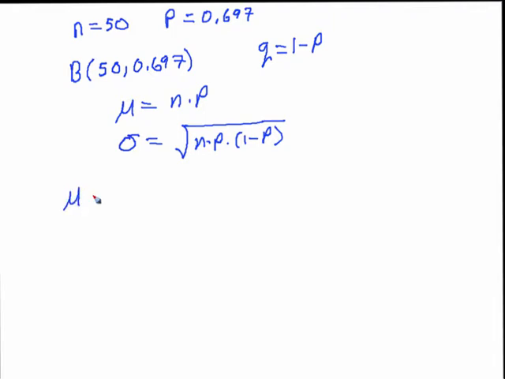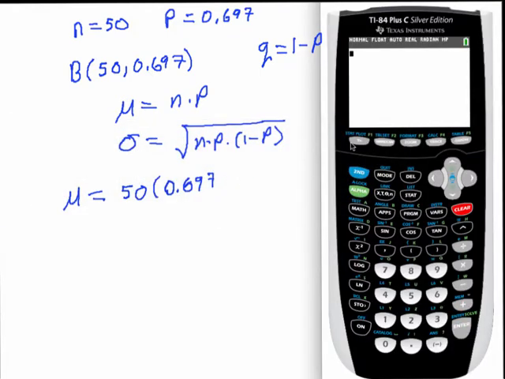So let's find out what mu is. Mu is going to be equal to 50 times 0.697. I don't think I can do that in my head, so let's grab my calculator real quick. On the calculator, we're going to go 50 times 0.697, hit enter, and we get back 34.85.